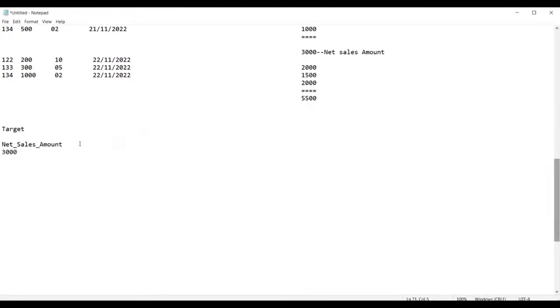And for which date is it? I'm declaring one more column here, that is date of sales. The date of sales is 21/11/2022. And then we have 5500, and it is on 22/11/2022.